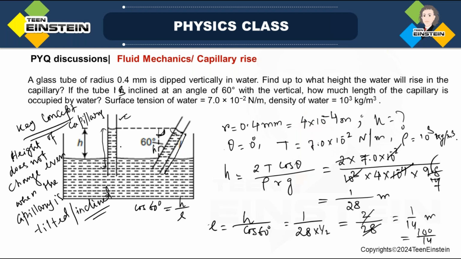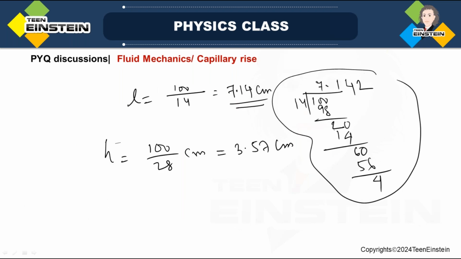This is also H. What is changing is the length of liquid in the capillary tube, I mean, the length of capillary tube up to which the water will occupy. All right, I hope you have understood this.